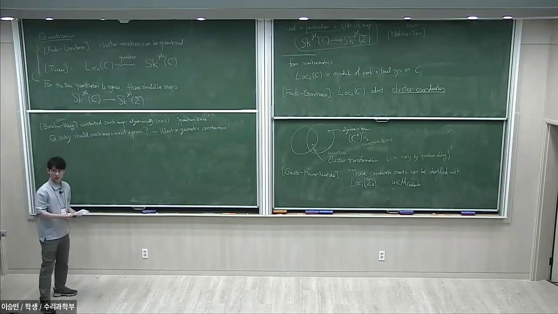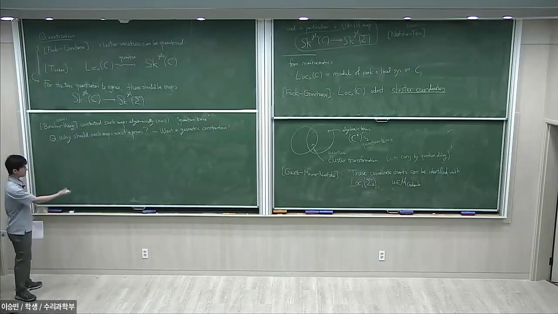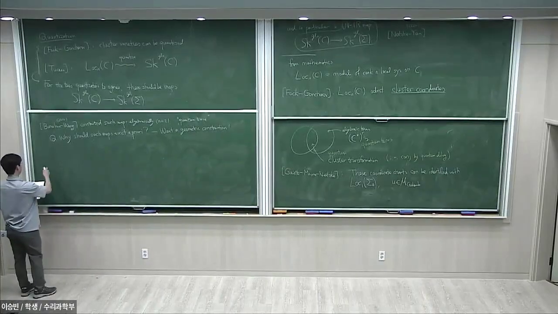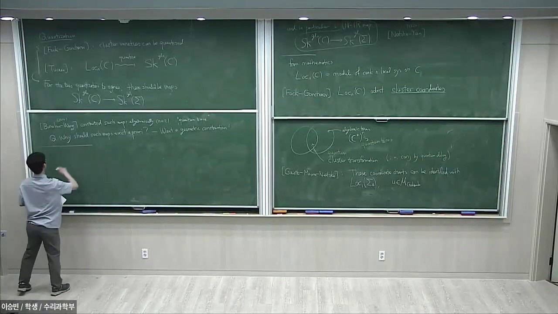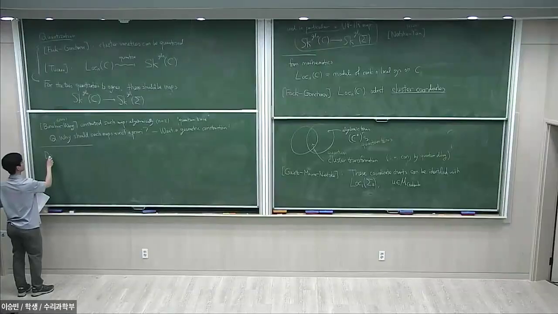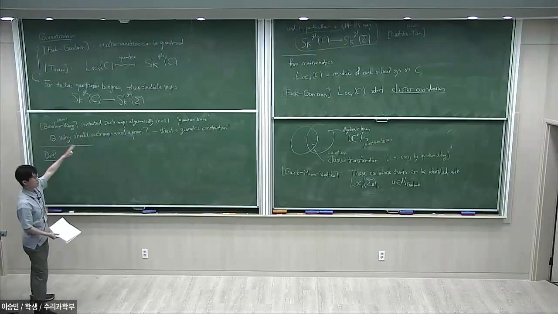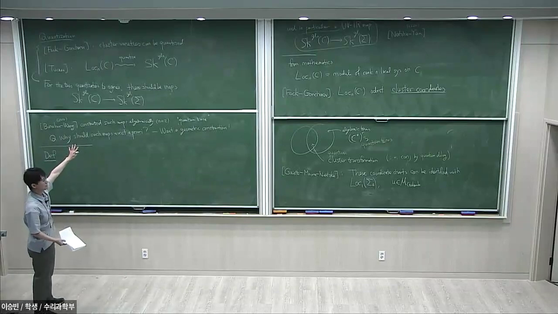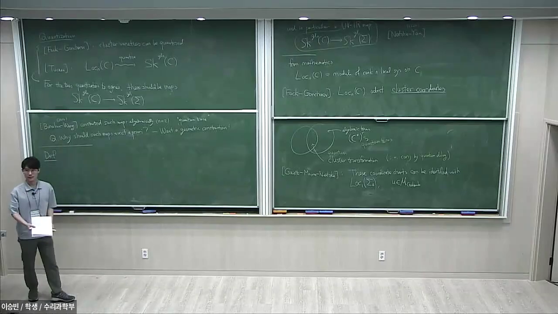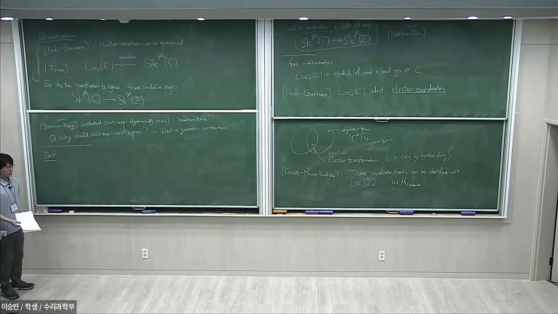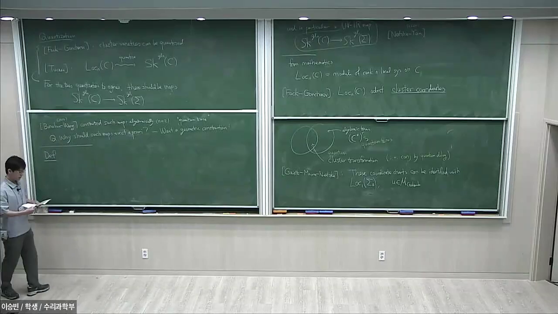So let me now start defining the main objects. Yeah, and in fact, even though so far I've only been talking about surfaces, which is the most relevant for class S theories, this can be generalized to arbitrary three-manifolds, and that's where we'll be working.